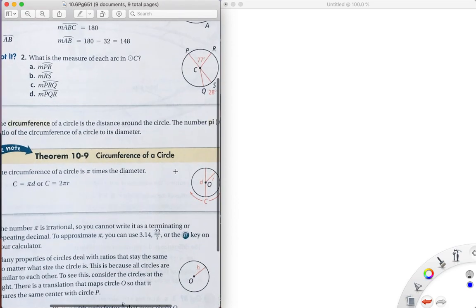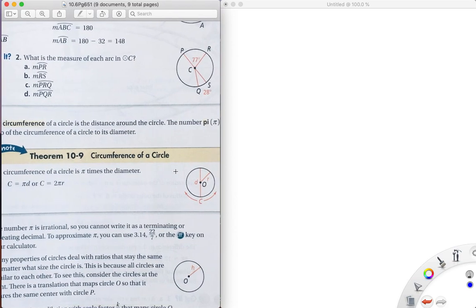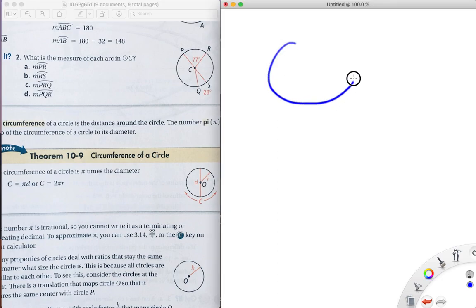Okay, so for this one, we have this circle C. It has a 77 degrees. Let's see if I can draw this one. Okay. Q, S, R, P, 77.